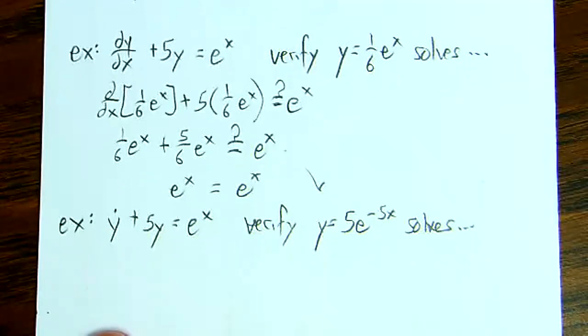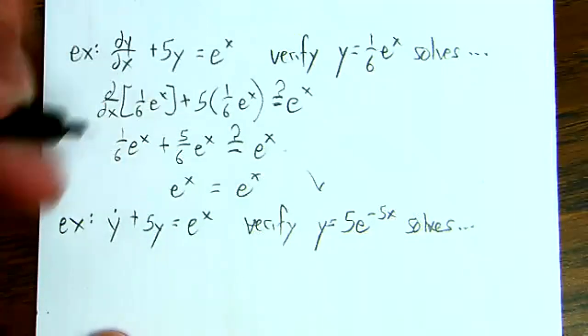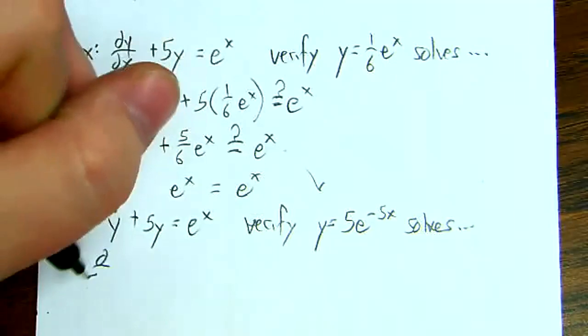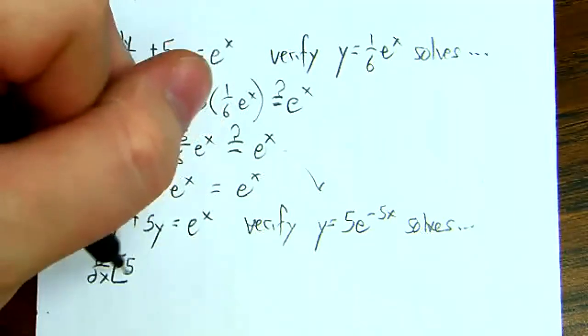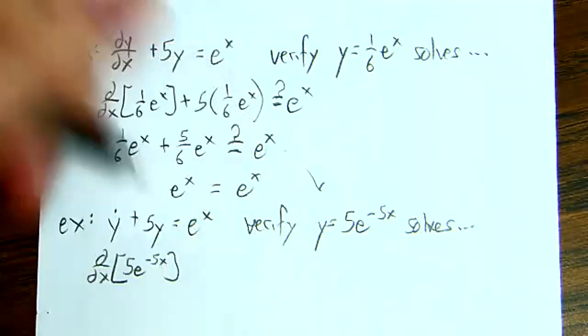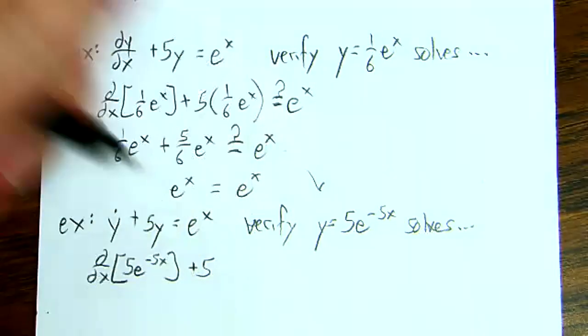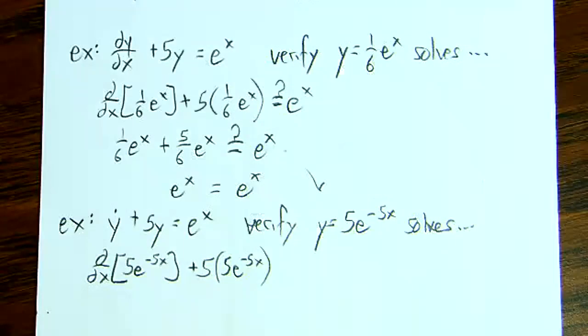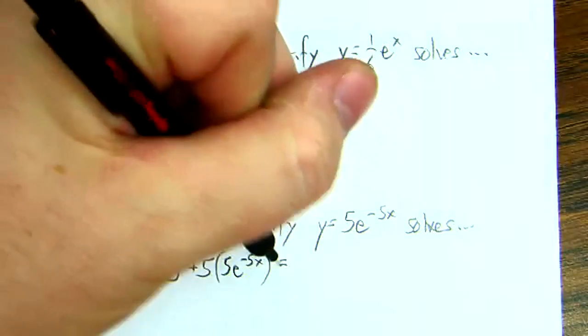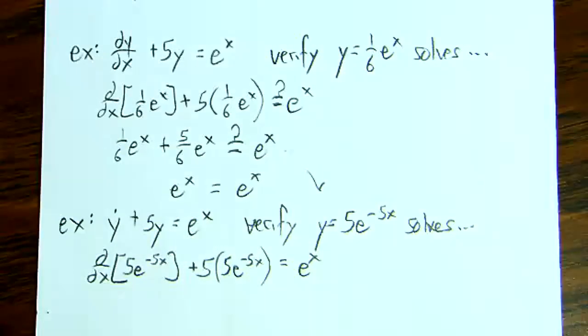Again, I'm just going to plug it in and see if I get a true statement. So I need to take the derivative with respect to x of y, which was 5e to the negative 5x, adding back in 5y, which was 5e to the negative 5x, and I want to check to see if that is in fact equal to e to the x.